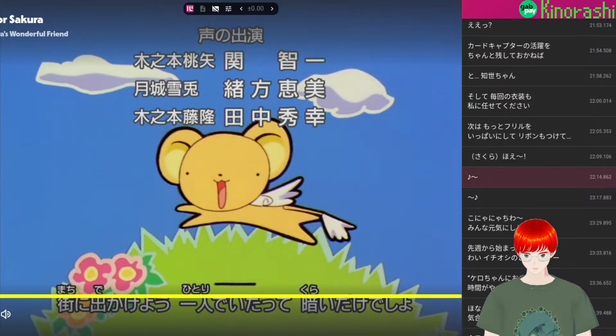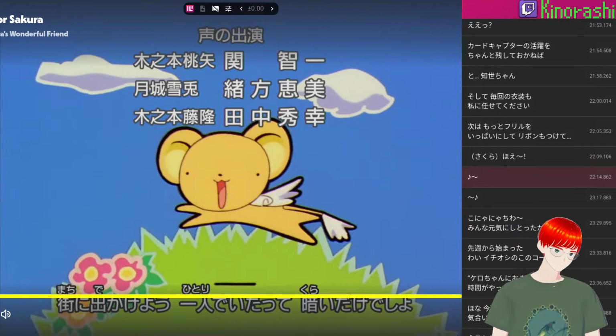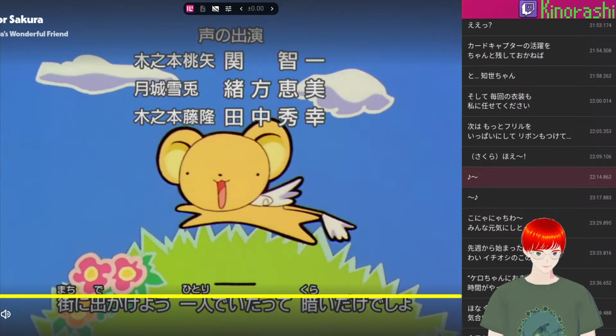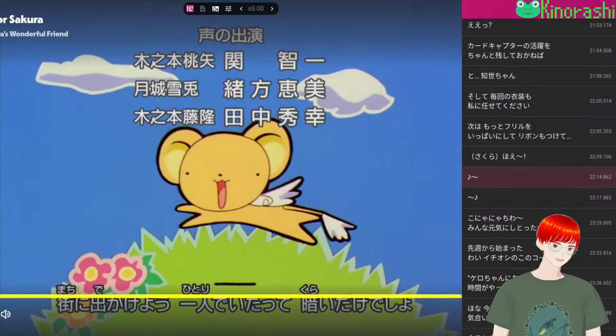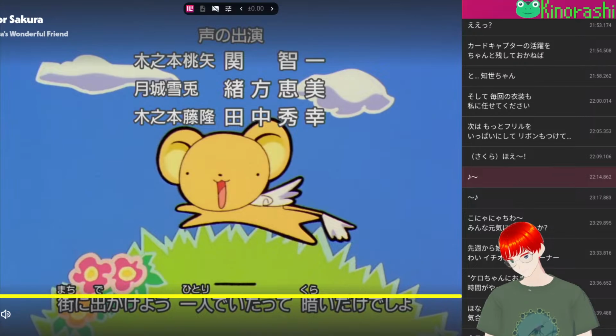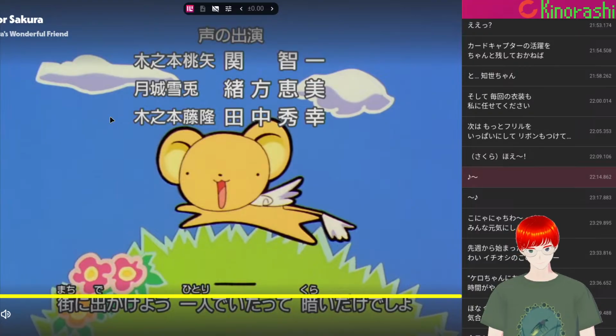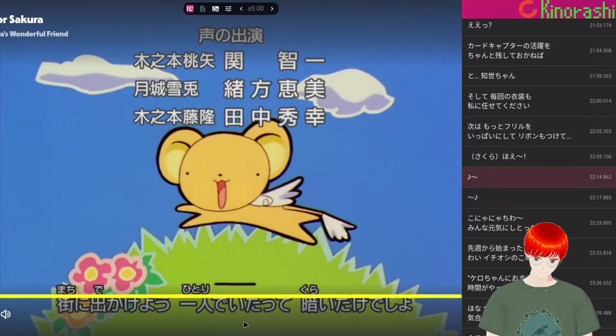If I say ita to, I was alone. Okay, so this is probably shorthand for toshite, because that seems to give the translation of even if I were alone. So to do existing using one person, or in other words, to do being alone. So hitori de itatte, even if I'm alone.